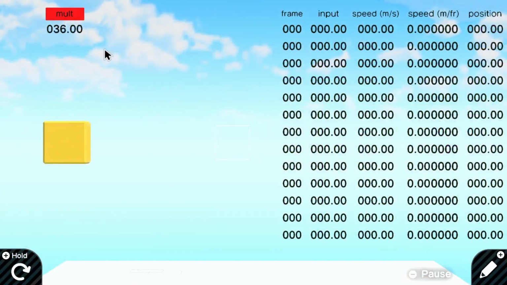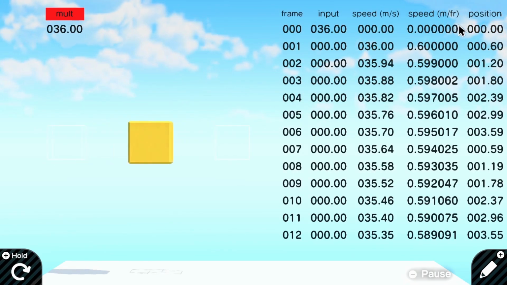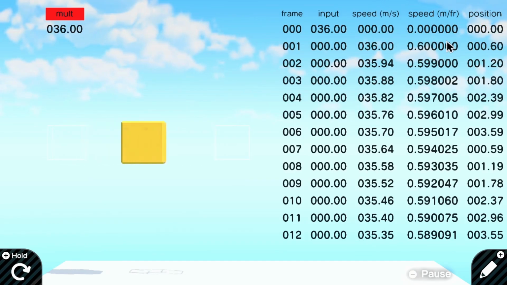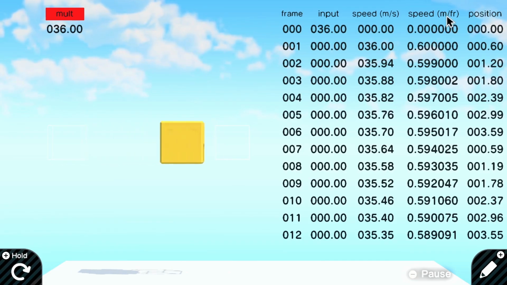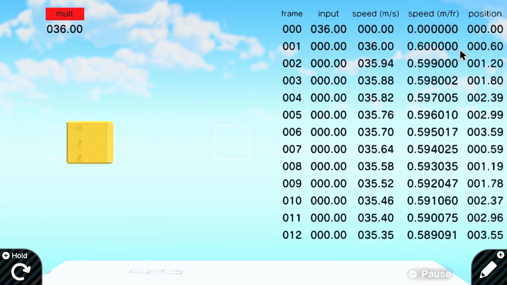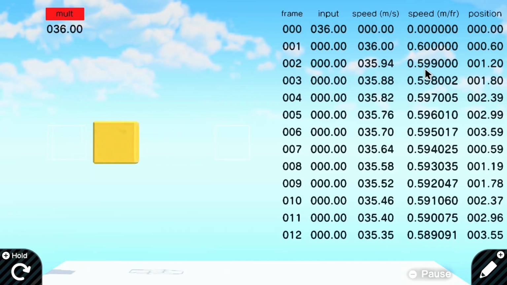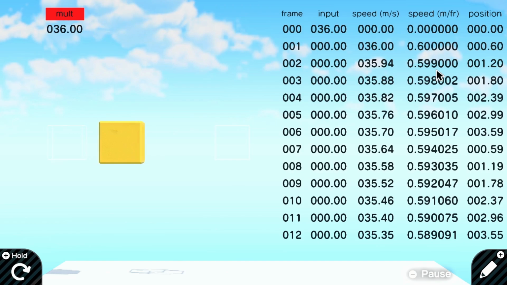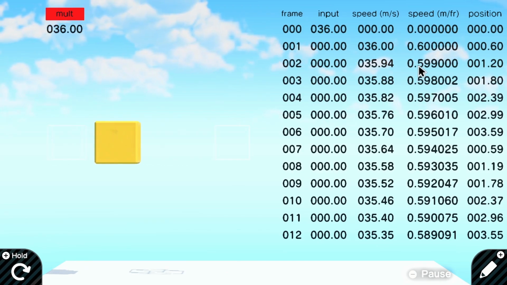For example, the speed is 36. If you look at meters per frame, this is 0.6. This is just the actual speed divided by 60 to see the value in each frame. You can see here the speed is 0.6 meters per frame. 0.6 divided by 600 is 0.001. So from 0.6, it goes down to 0.599. In the next frame, we take 0.599 and divide it by 600.